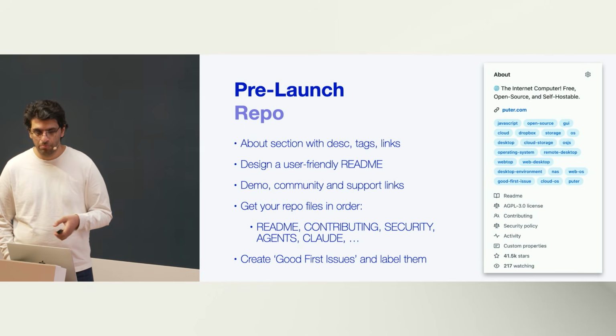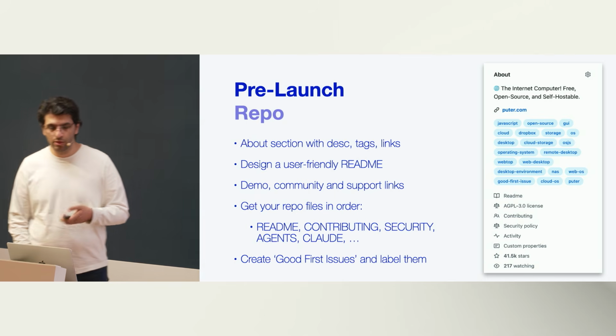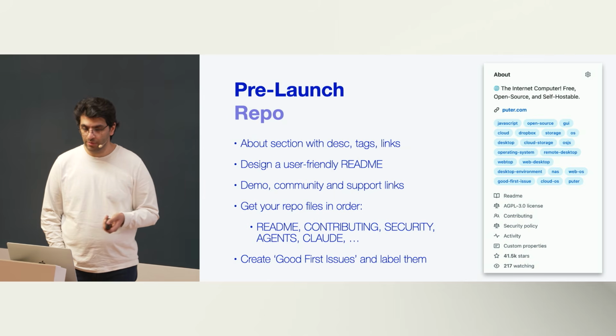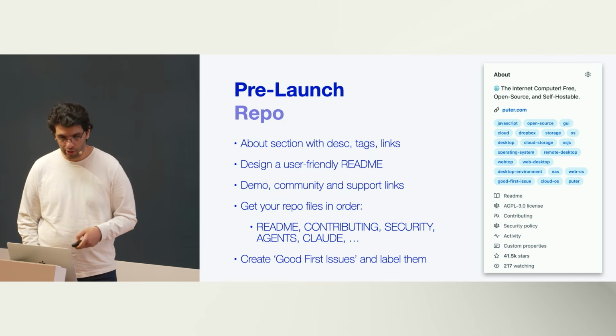So I would say create honestly as many as you can, but you don't want to create 100 of them. And do label them as good first issues. GitHub already has this. In case you're publishing on GitHub, you can mark them as good first issues. A lot of times people just randomly find them and contribute, even if they don't know about your project. So it's a really good hack to ease people into joining your project.